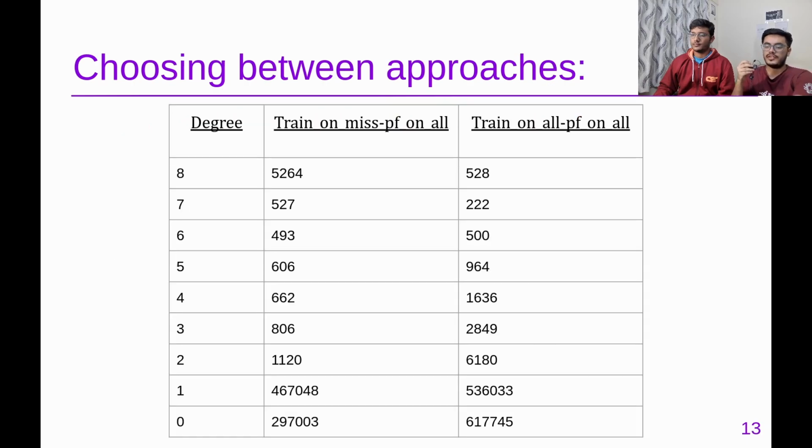Next we did a small microbenchmark to support our theory. We ran the configuration for 5 million instructions, and we saw that for degree 8, the first configuration is able to prefetch 5000 times, but the second configuration is only able to prefetch 500 times.